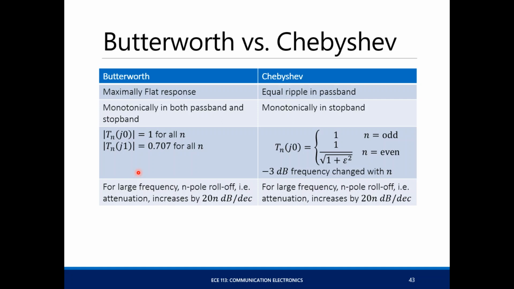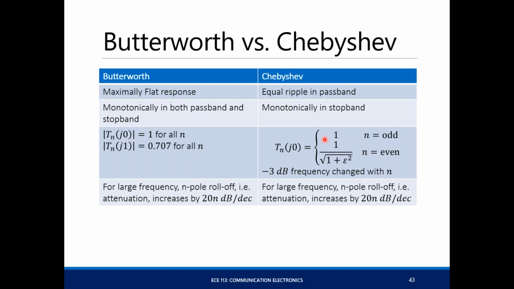Okay. For your Butterworth, for all orders n, when your omega is equal to 0, you have a value of 1, which is a low pass response. If your omega is 1, assuming we normalized it, then we have a value of 1 over square root of 2 as a response for any order n.